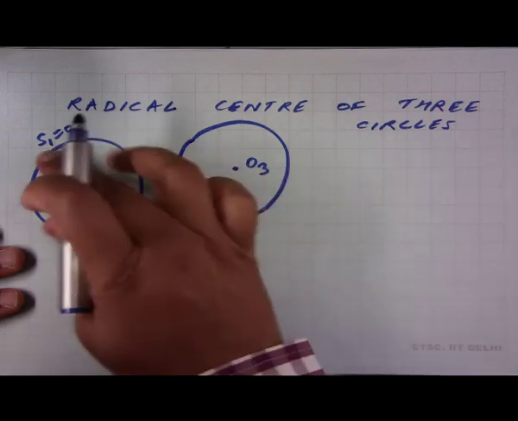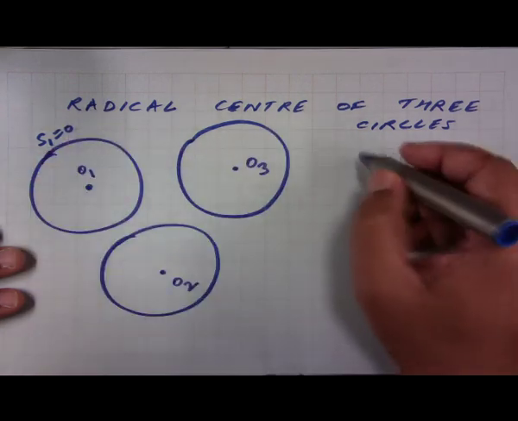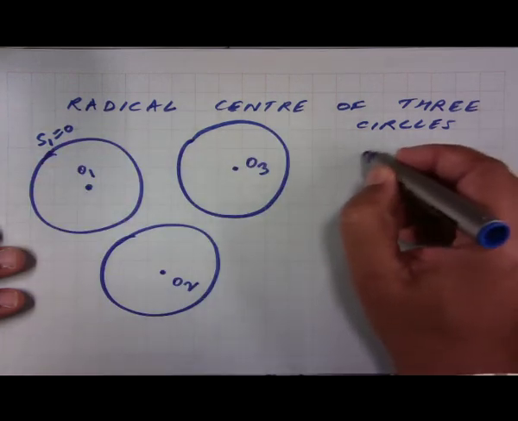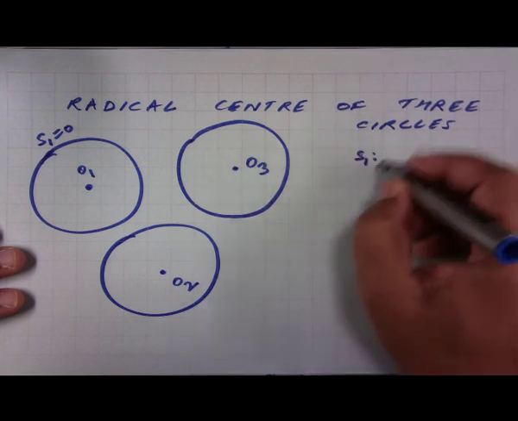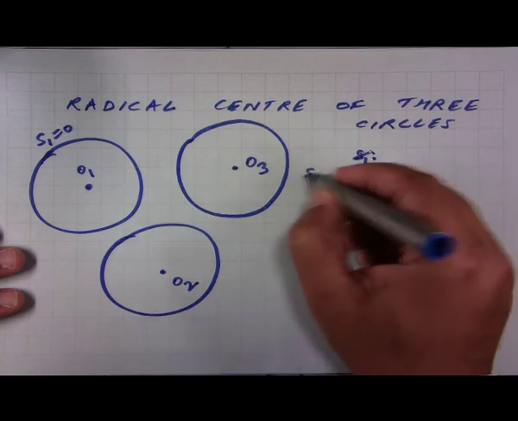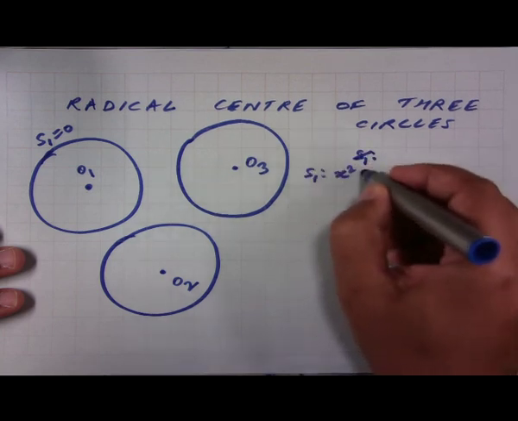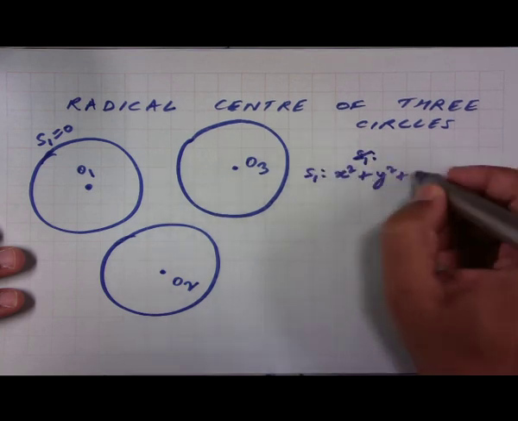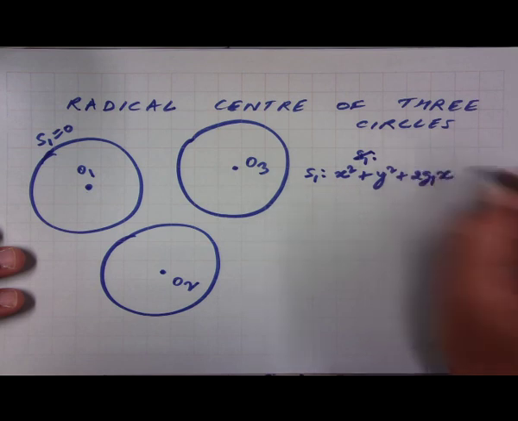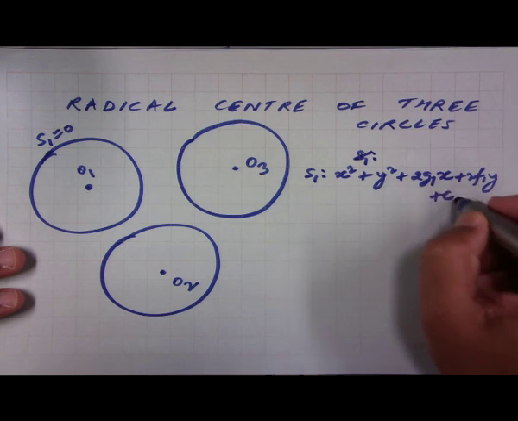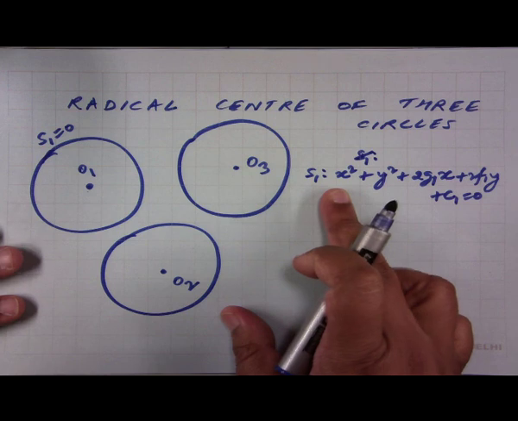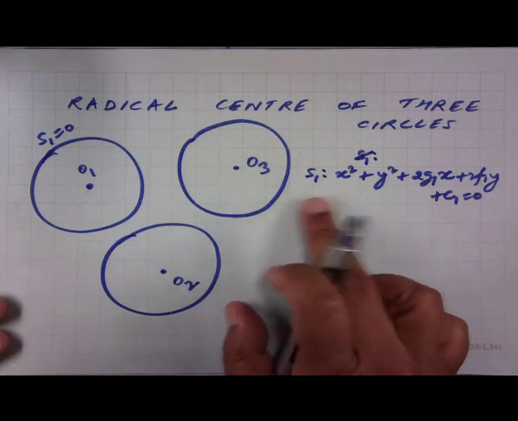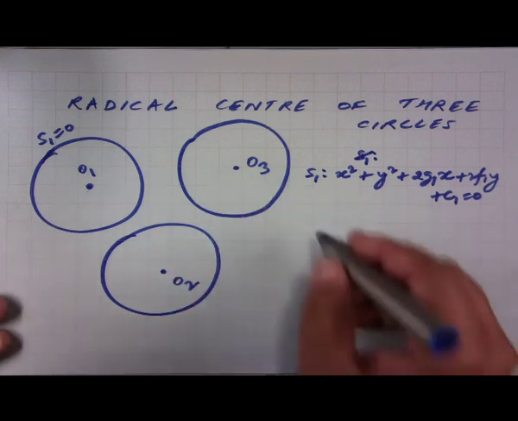So, the equation of the first circle will be x square plus y square plus 2g1x plus 2f1y plus c1 equals 0. And similarly, we will have similar equations for the other two circles.